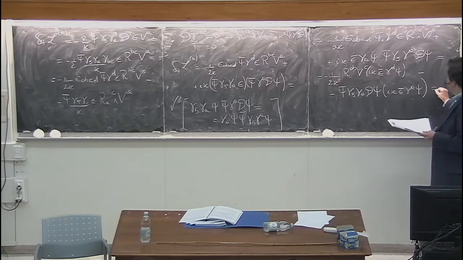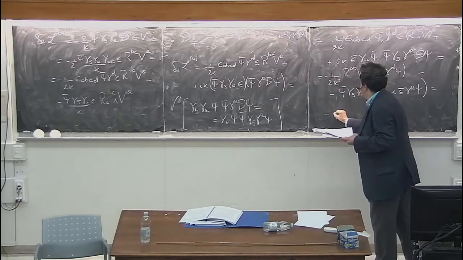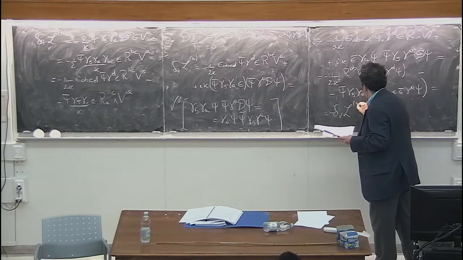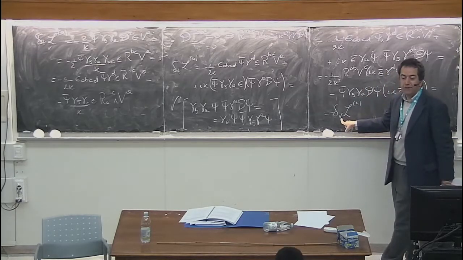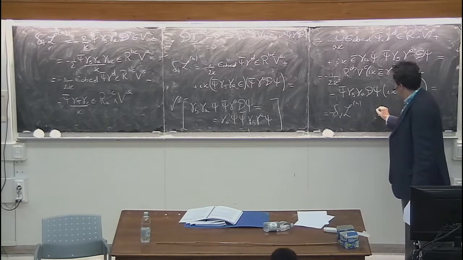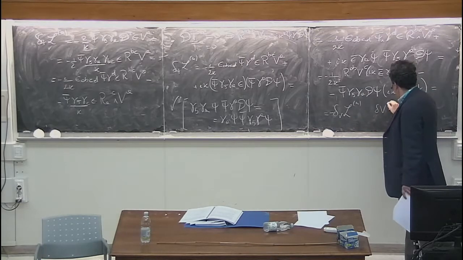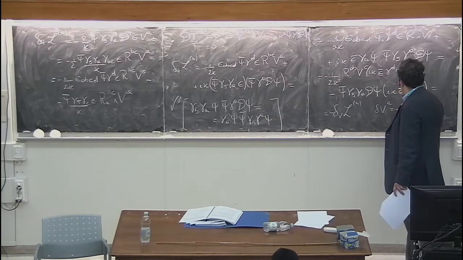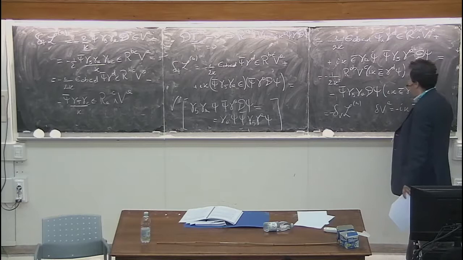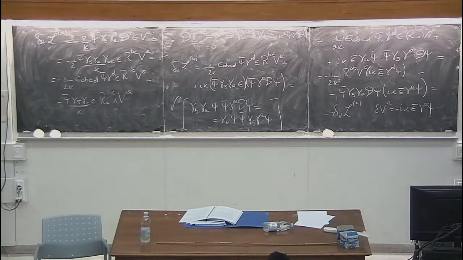But you see that this is nothing but minus delta V of L4. Take L4, vary it with respect to V. This is minus delta V L4, provided delta V^A is minus i kappa epsilon bar gamma A psi.